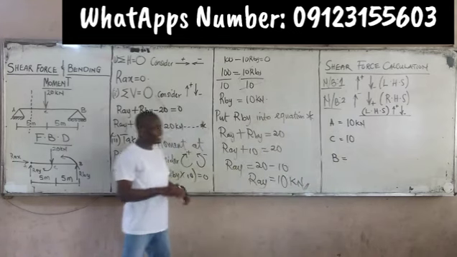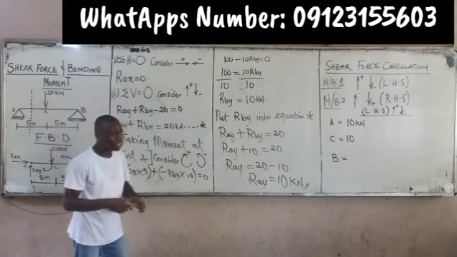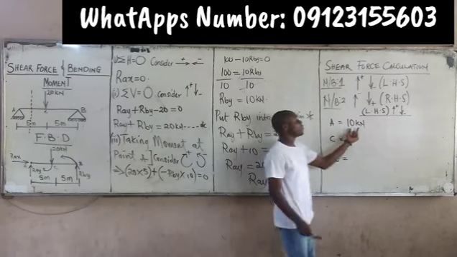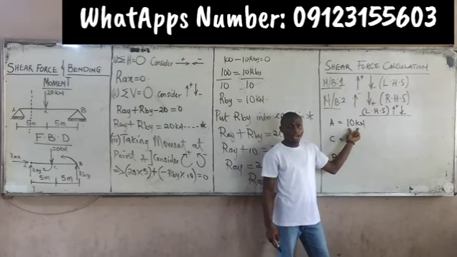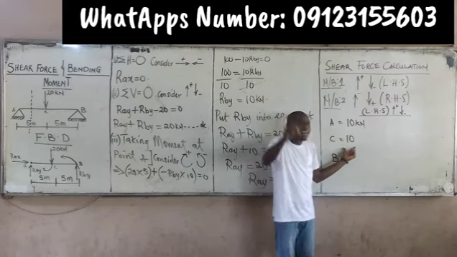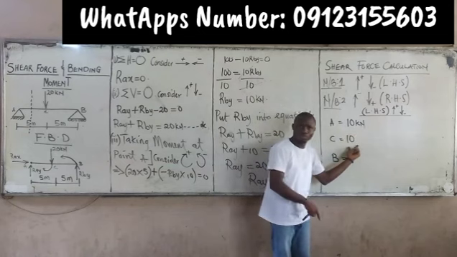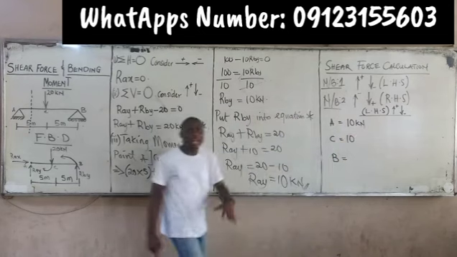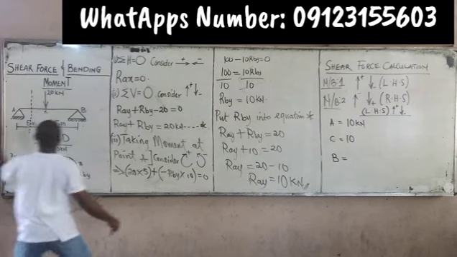For shear force, listen, after getting your first value, before you go to the next one, repeat that value down here first before you continue. Alright, at section C now. We're moving in this manner.